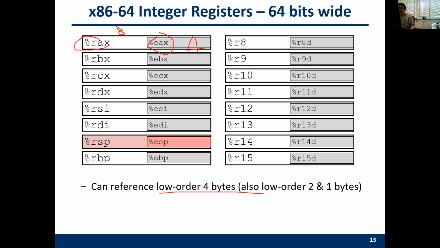Actually, these two are pointing to the same register. The only difference is that this name indicates the entire 8-byte register, but this name is used for only the lower order 4-byte part.